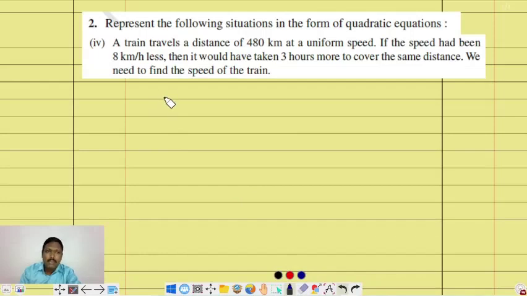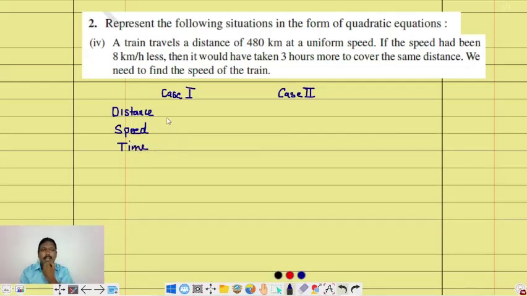Here we have two cases, so we can write case 1 and case 2. Now we have to take the distance, speed, and time.